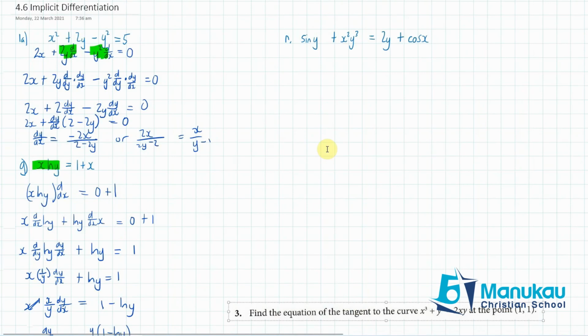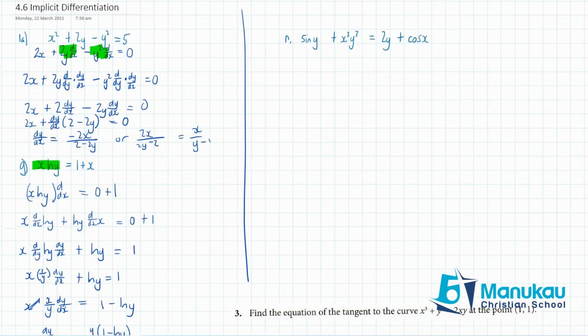Okay, so this next one looks like we need to apply the product rule as well. So my next line for r is going to be sine y, and then I'm going to apply d dx to this.